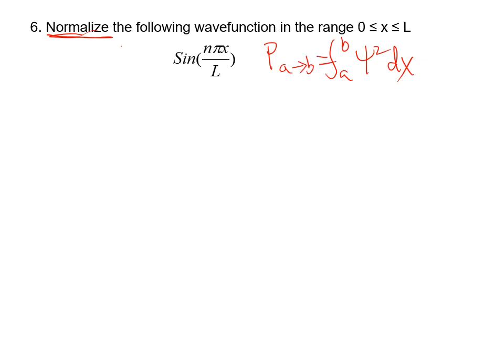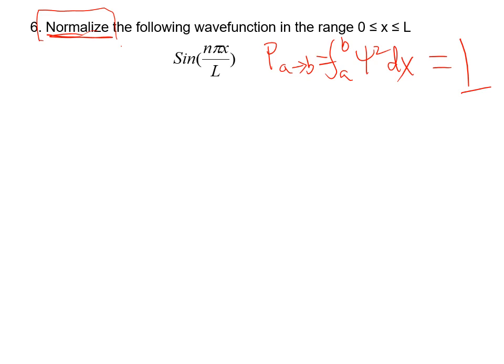If ab is the whole range, then the probability must be 1, because if the particle exists in this range, then in the whole range the probability must be 1. And this is called normalization. Normalization is important because it makes the total probability of the wave function equal 1.